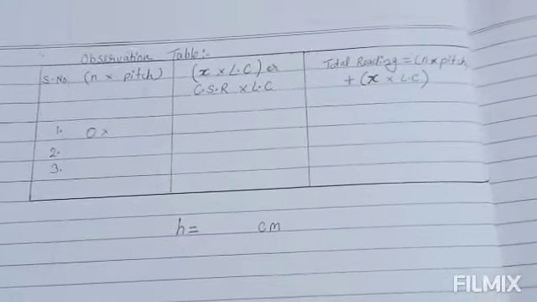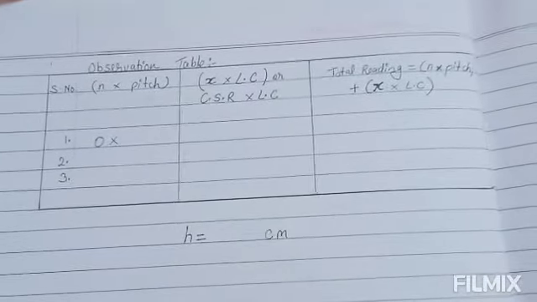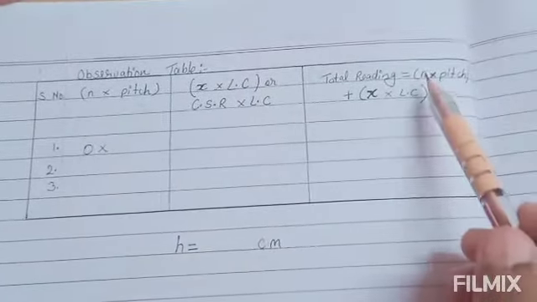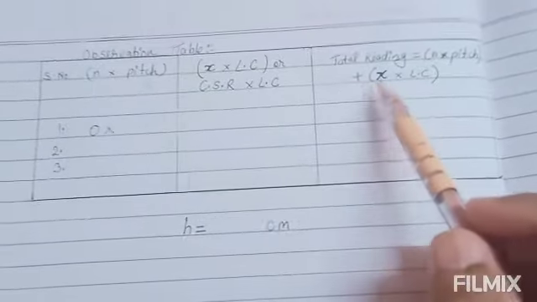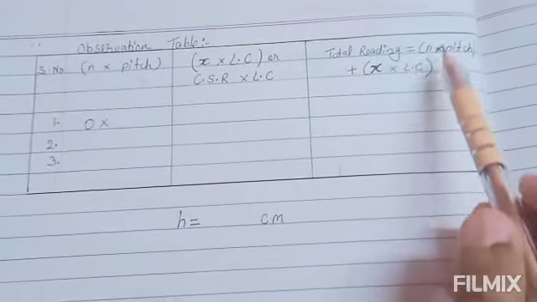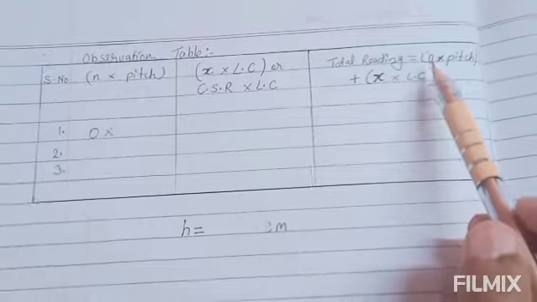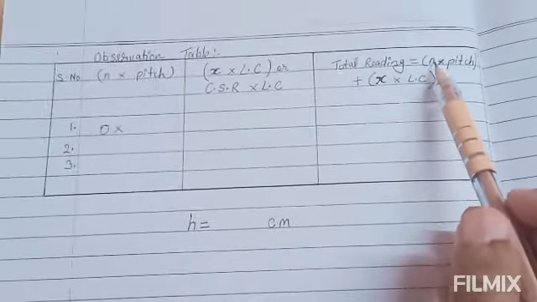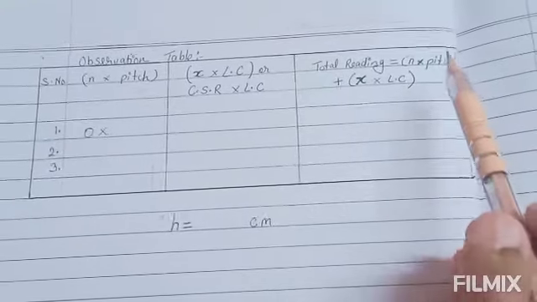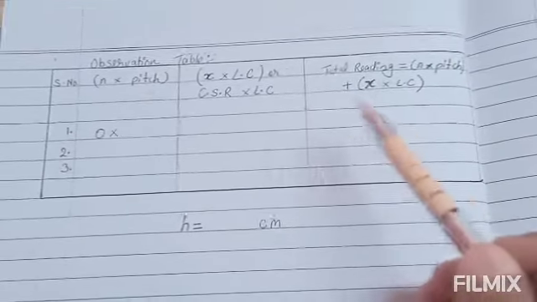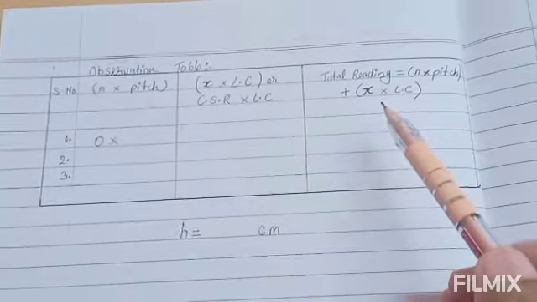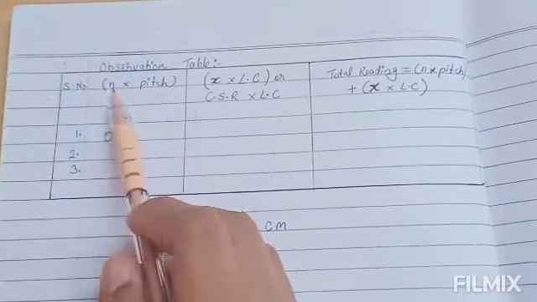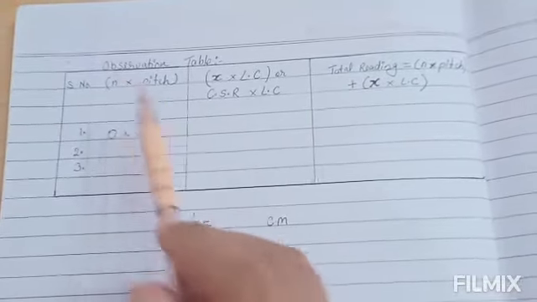Now we will calculate h. For finding h, the formula is n into pitch plus x into least count. Here n is the number of rotations we had between our reference point A and B. In this case, we had 0 rotations between our reference point A and B, so I have written down 0 for n.